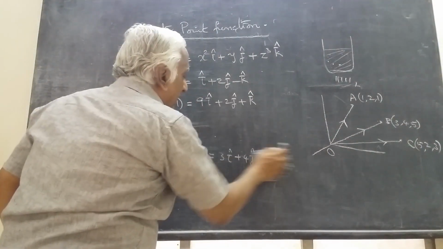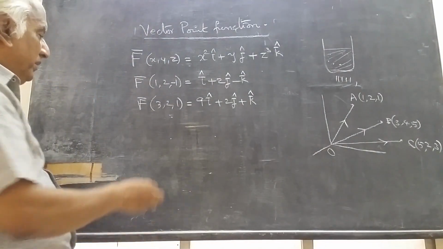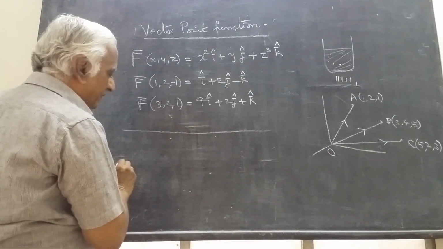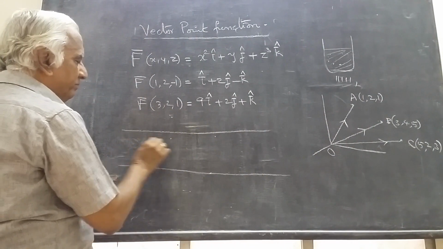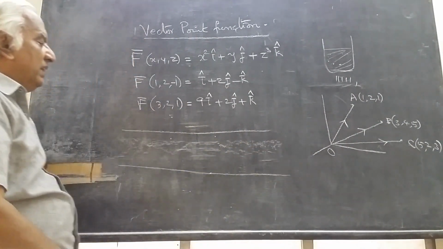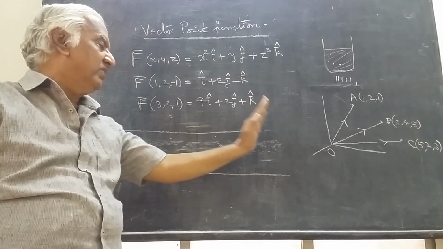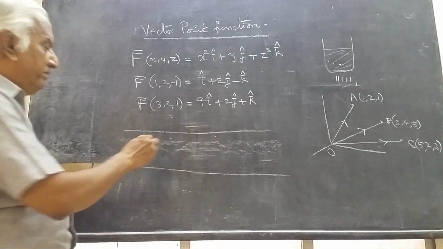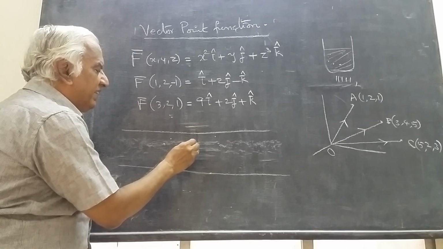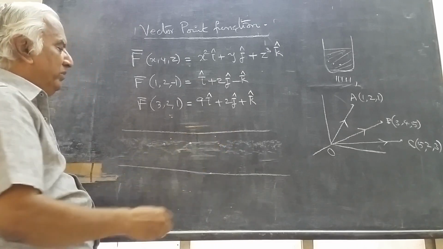Now, to give you one simple example, you consider a river. Water is flowing like this. When you consider the whole mass of water, the water goes in this direction. But every point of water, if you take, will not have the same direction.